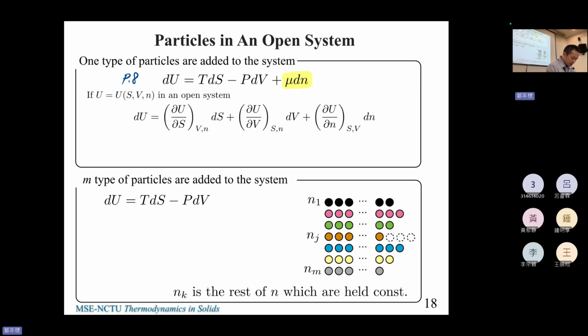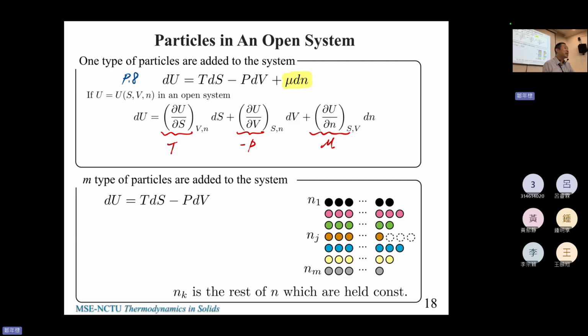The first one is temperature. This is minus P. This is mu. So mu is partial U over partial N at constant entropy and volume. So this is adding one type of particles.